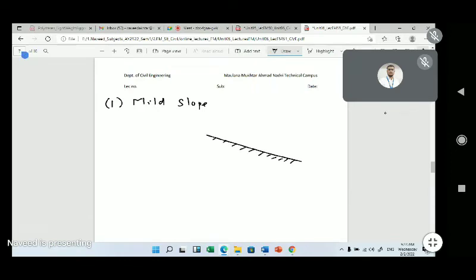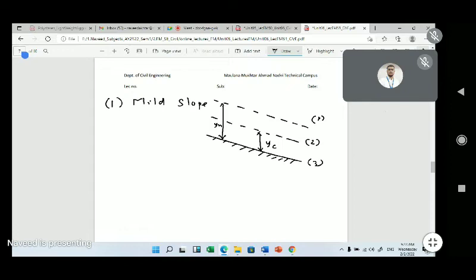This is the Yc, this is the Yn. This depth is Yn, this depth is Yc, and I will write down this slope. There are three zones: one, two, three.